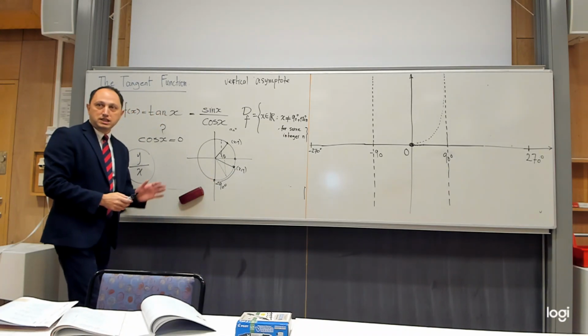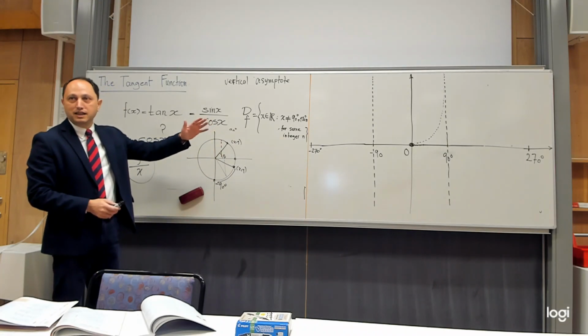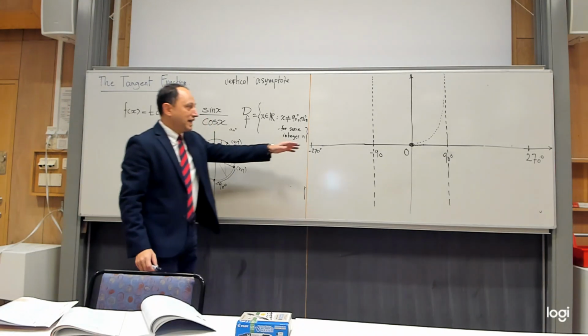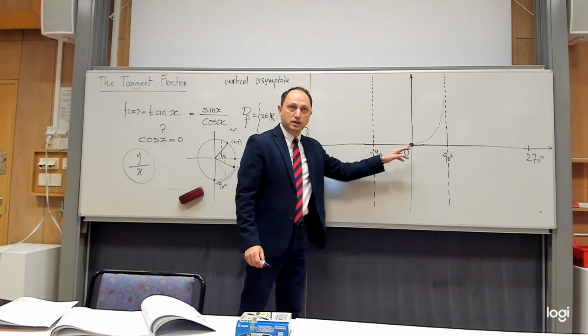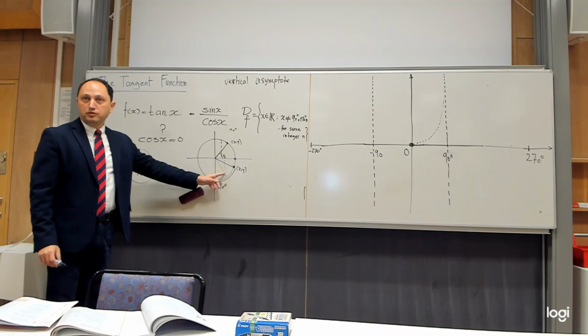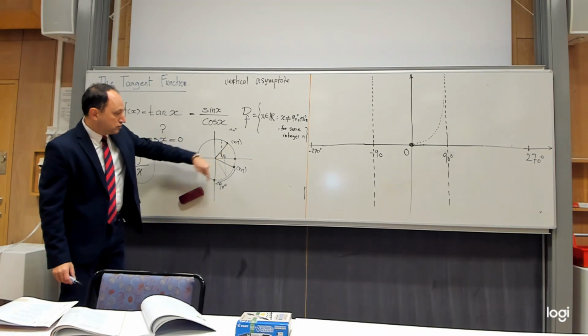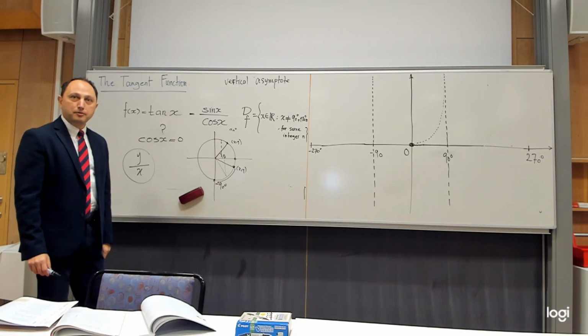So it is clear that if I am here, I should get negative values. So I have to go below the x-axis, because the value of tangent is negative at that point. Is that clear? But when I get closer and closer to minus 90, the same thing happens.